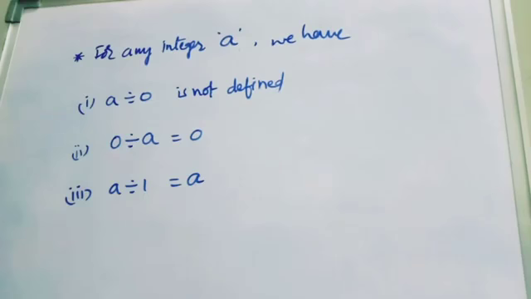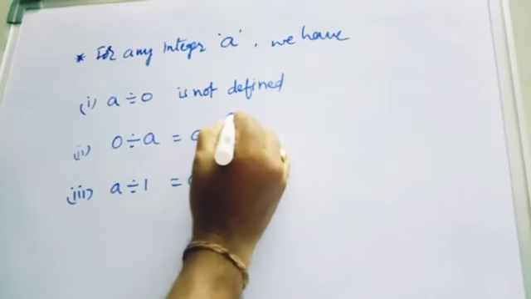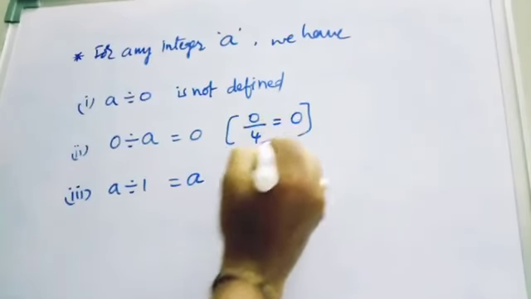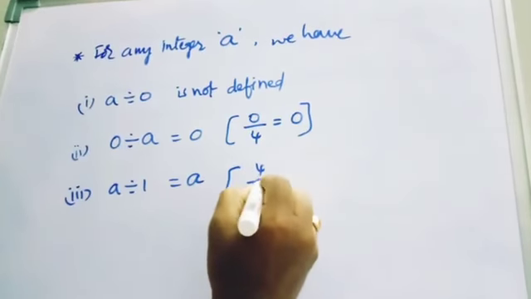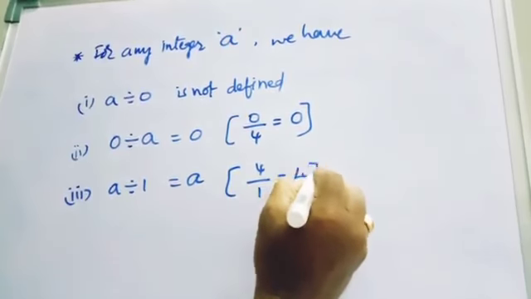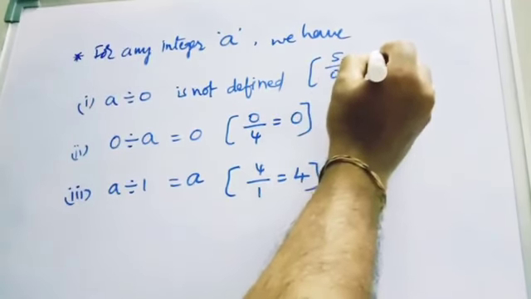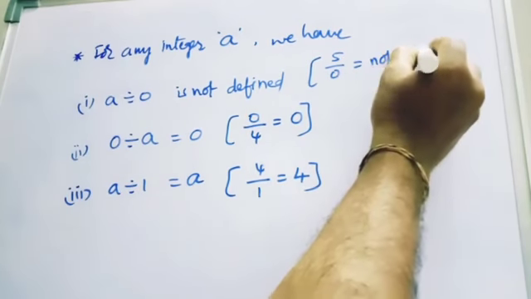If you divide any integer by 1, you get the same integer. For example, 0 ÷ 4 is 0, 4 ÷ 1 is 4, and 5 ÷ 0 is not defined.